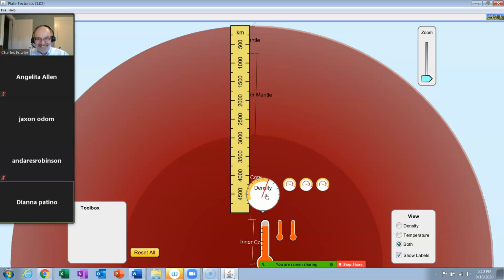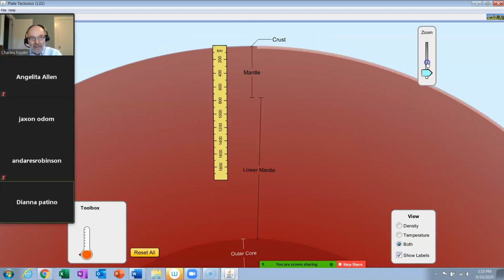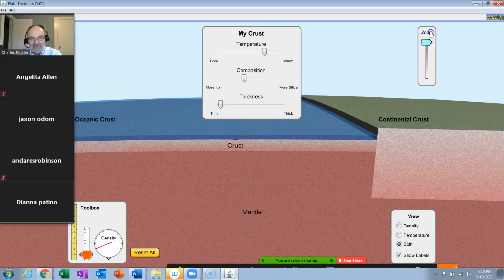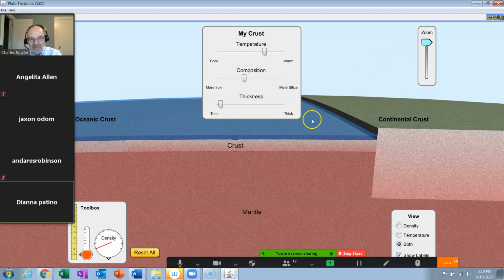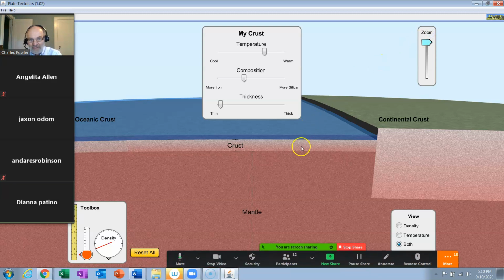So. Could we do number 8, 9, and 10? Okay, you'll have to tell me what they are. Number 8 was move the density meter to estimate the density of the oceanic crust and report it. So we're going to zoom way back up at the very top. Okay, and what were we estimating?